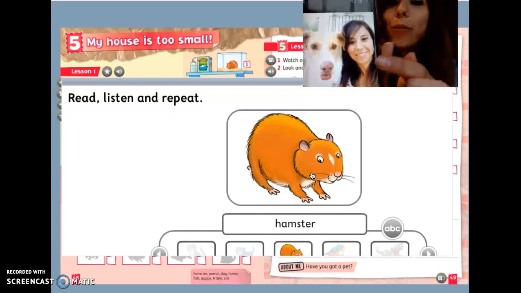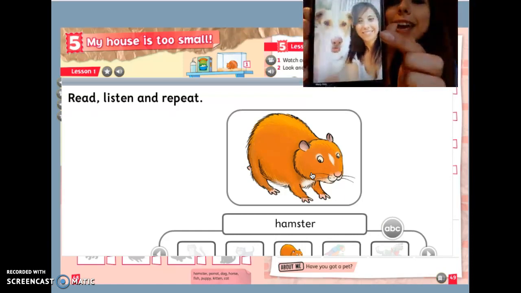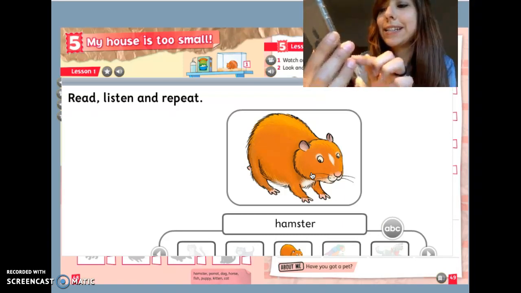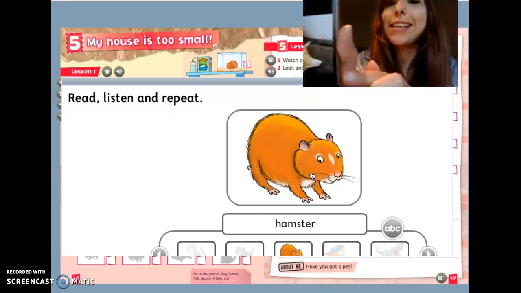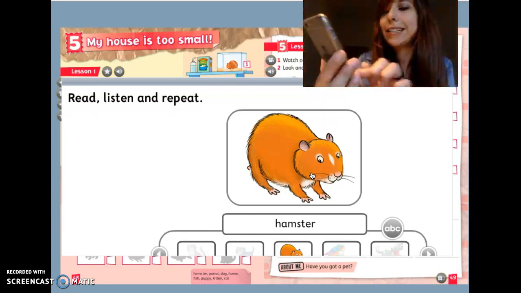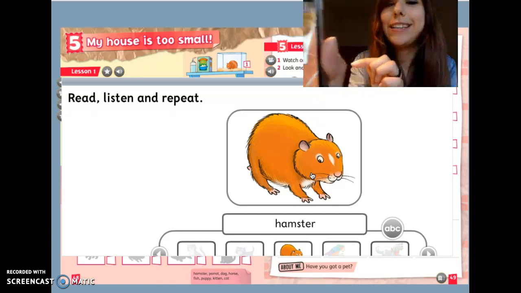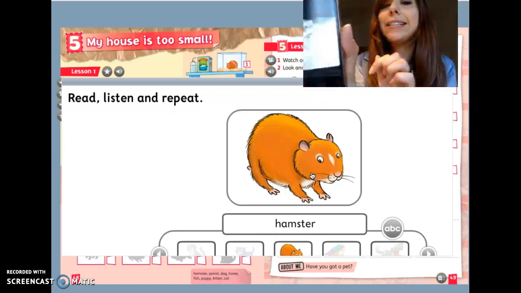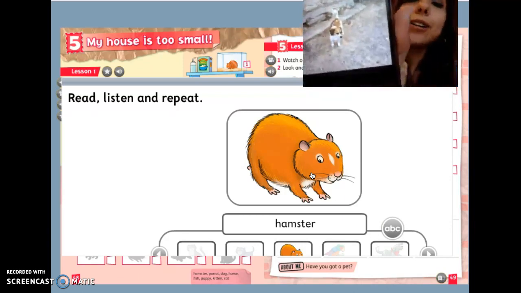This is my dog, and its name is Danny. This is Willie, my cat. You can see Willie here. And this is my other dog, Peppa.